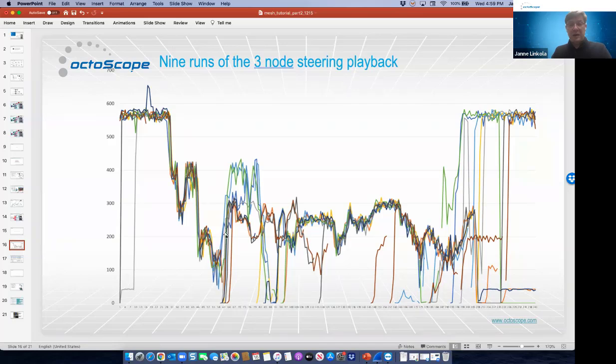But as we come to the first floor and start seeing some roaming candidates, in some runs the mesh network steers us one way, in some runs another way, perhaps doesn't steer us at all. And as we enter the second floor, even more variance can be seen in throughput measurements run to run.